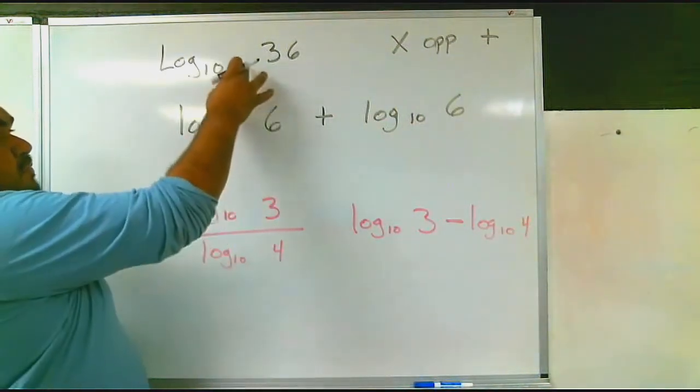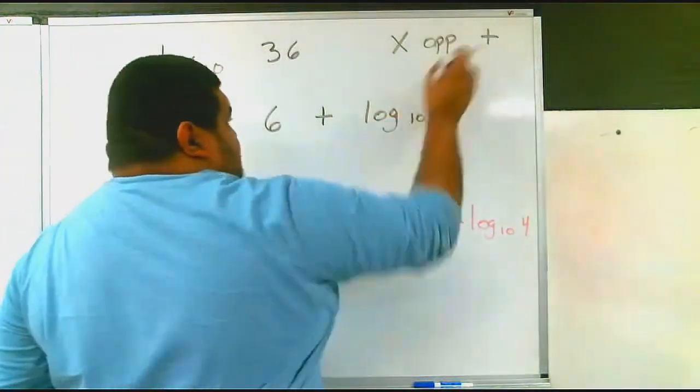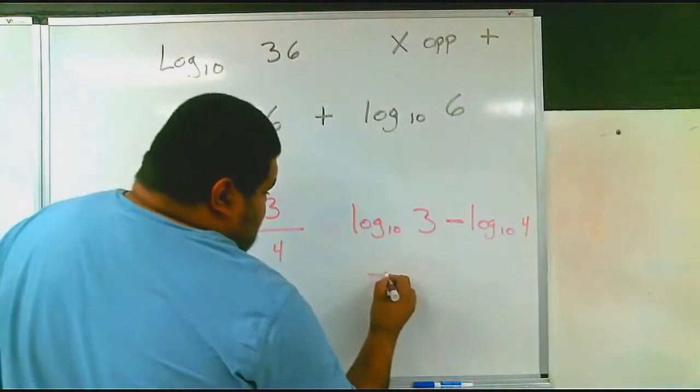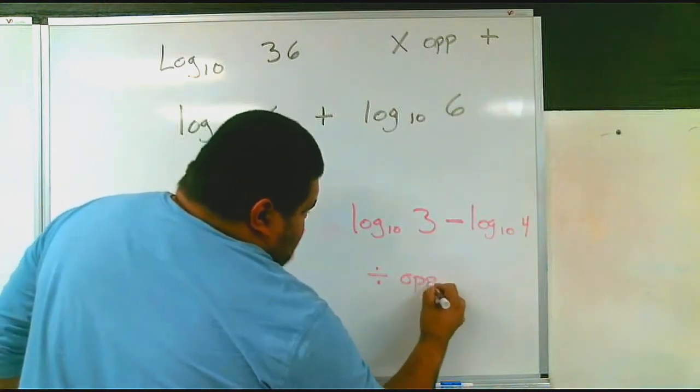So the opposite for multiplication is adding, and the opposite for division is subtraction.